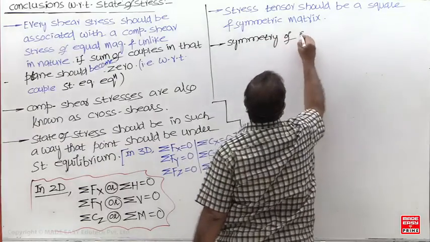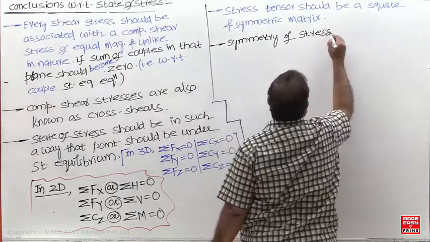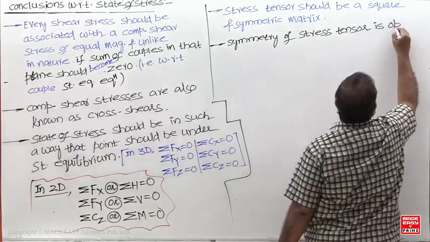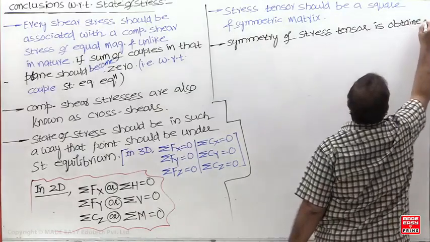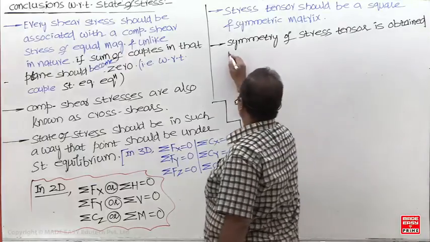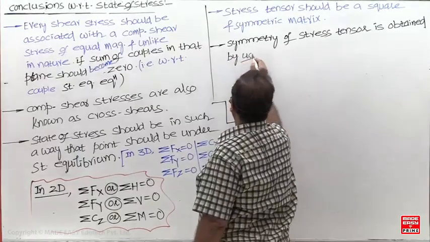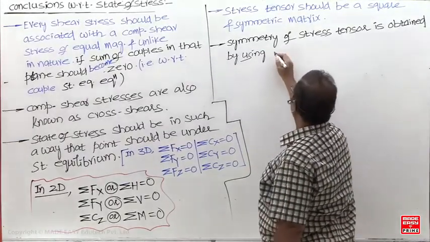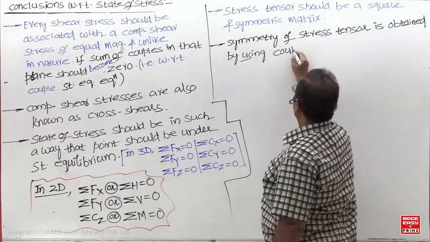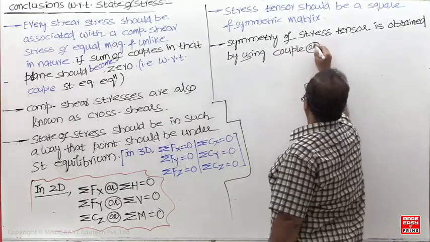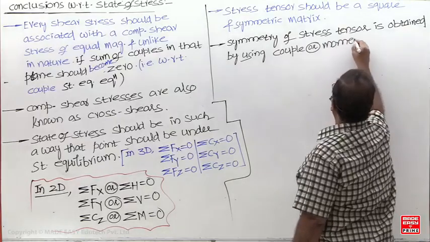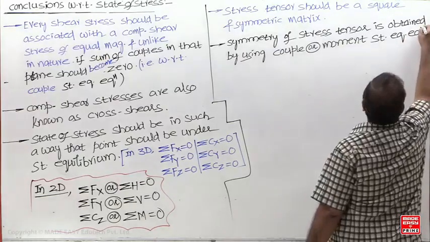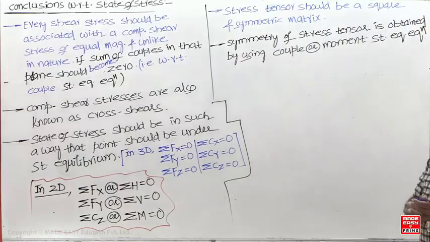Symmetry of the stress tensor is obtained by using the couple or moment static equilibrium equation.